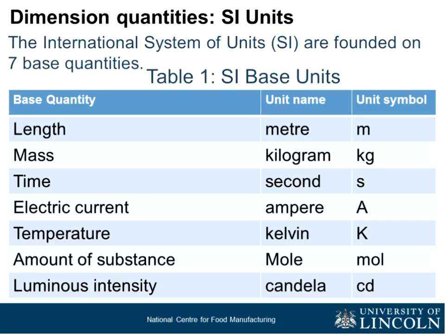But for now, you understand that luminous intensity has something to do with measuring the intensity of light. We partially cover mole in material balance, but we are not going to be focusing more on moles or on luminous intensity. We just have to know it because it's part of the base quantities. Do you understand that?